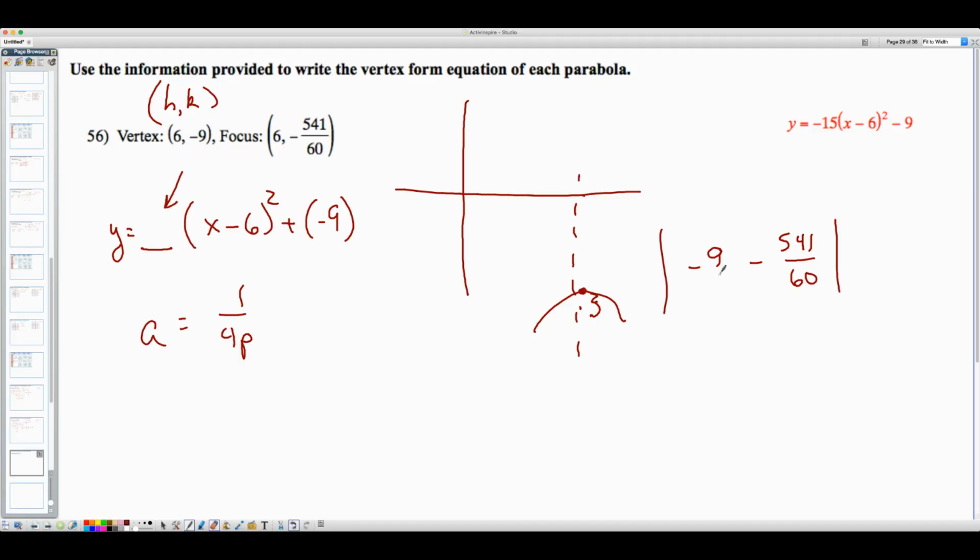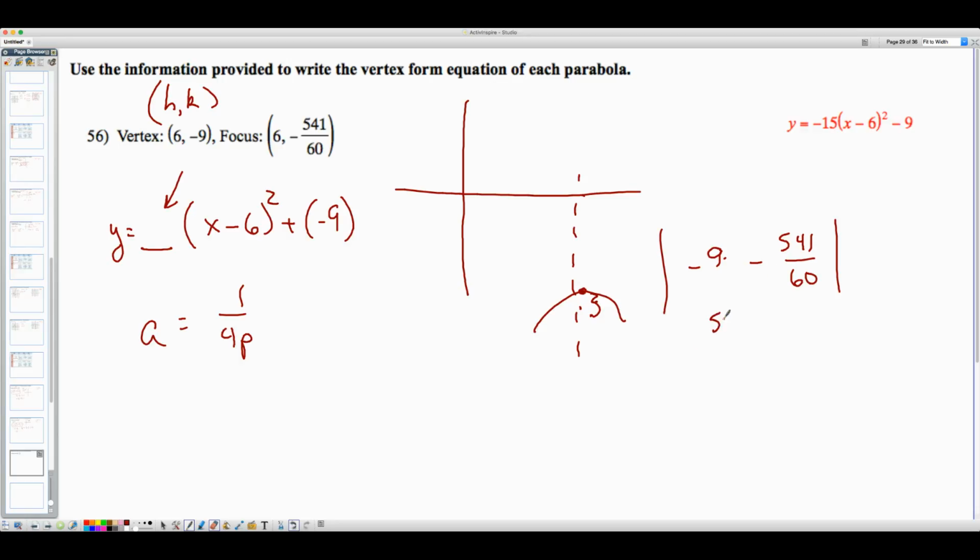And if I were to rewrite this, I could write this as -9 times 60 is 540, of course.